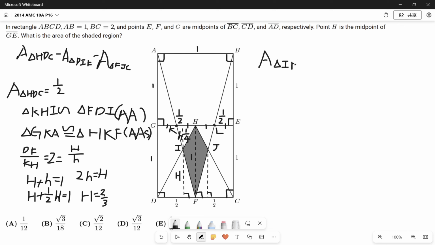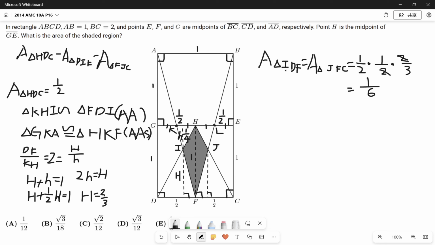So we know that the area of the triangle IDF, which is also the area of the triangle JFC, is equal to 1/2 base times height, so it's 1/2 times the base, which is 1/2, times the height, which is 2/3.